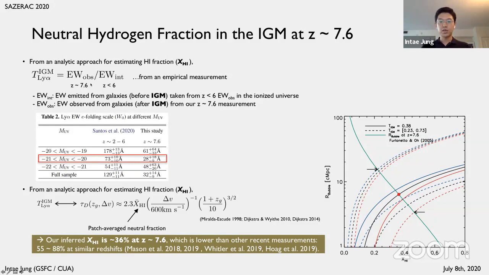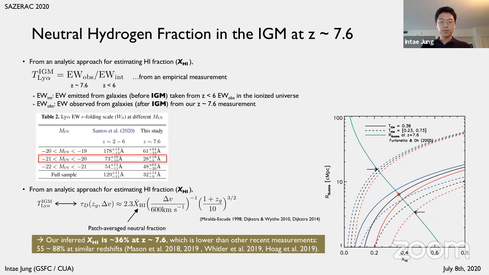Briefly, we consider the intrinsic value as emitted from the galaxy, but not affected by the IGM, and the observed value reflects the IGM attenuation. So we take the intrinsic equivalent width from redshift below 6 in the ionized universe, as shown in the table. This assumes no critical evolution of the ISM and CGM properties between these two different redshift ranges, although further studies are absolutely necessary for understanding them.